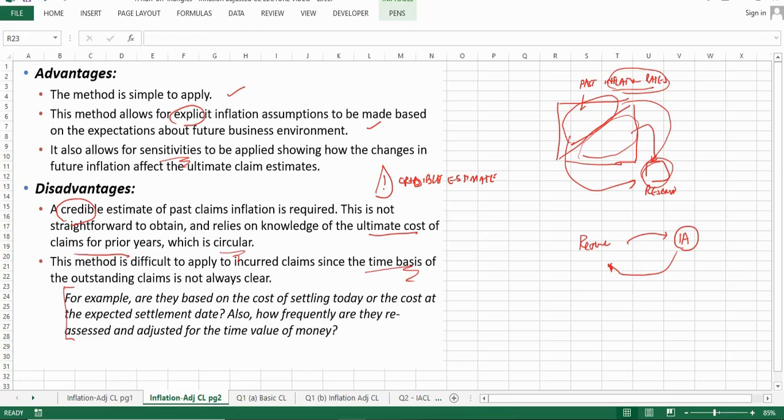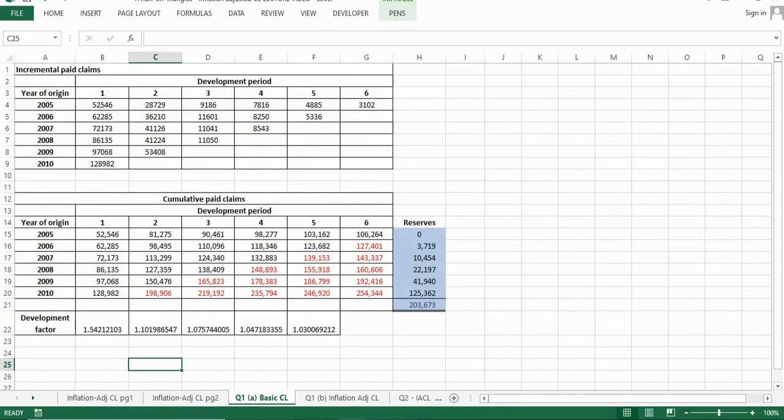Let's move on now to an example, the first example. In that first example, we will apply the basic chain ladder, just to refresh your mind. We've got the paid claims which have already been made, from the year 2005 up to 2010. You recall that this is 2005, and then the next development year is 2006. This is 2007.